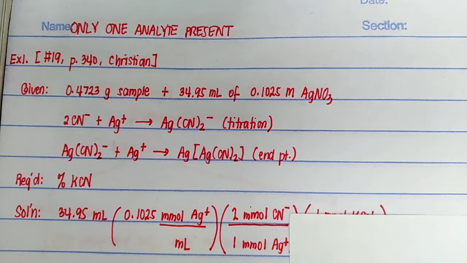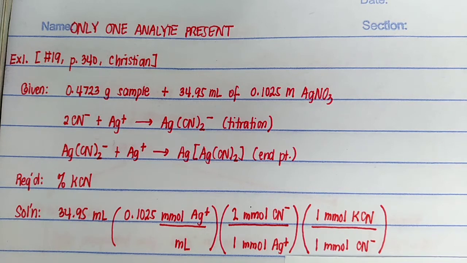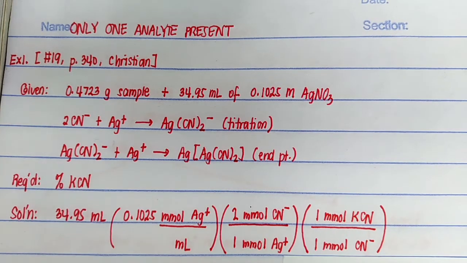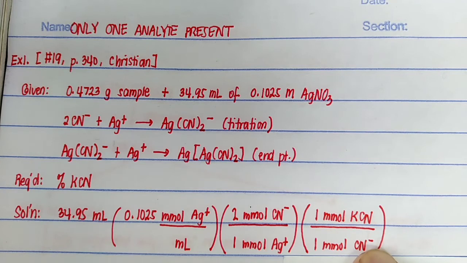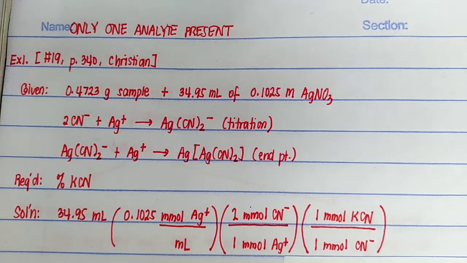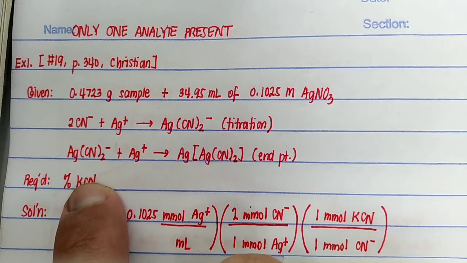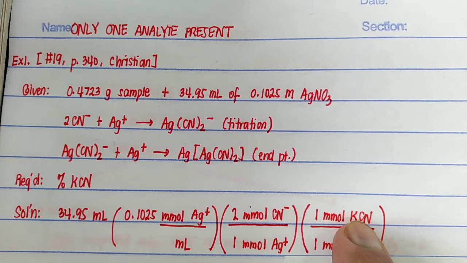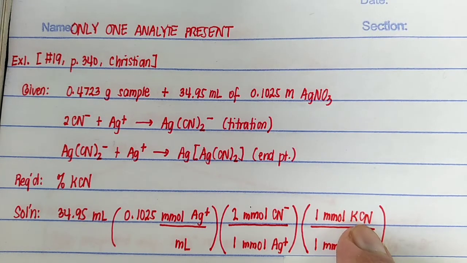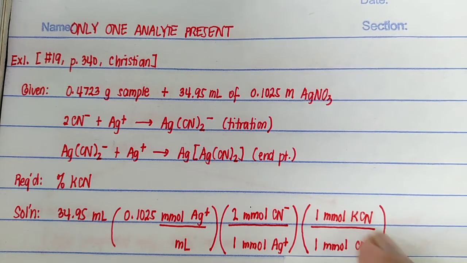Continue on with the stoichiometry so that by the very end of this stoichiometric manipulation, we're able to arrive at what it is we're being asked for in our problem. So in our problem, we're being asked about the KCN. So always our end goal in mind is to be able to know just how much KCN there is.